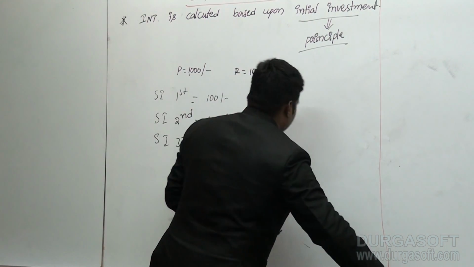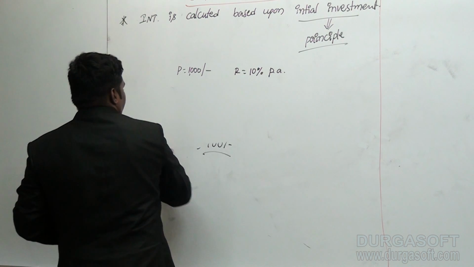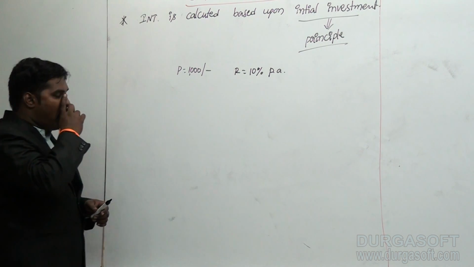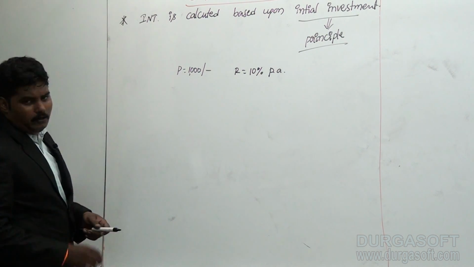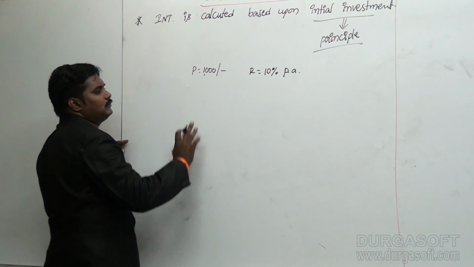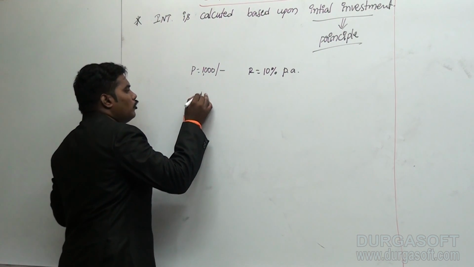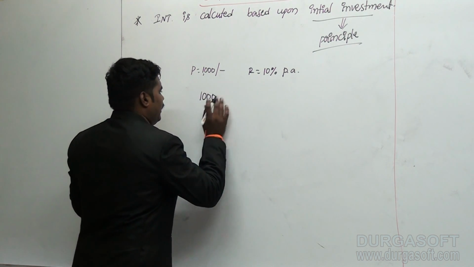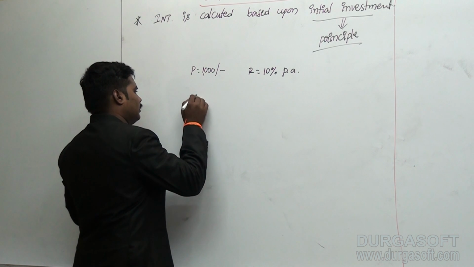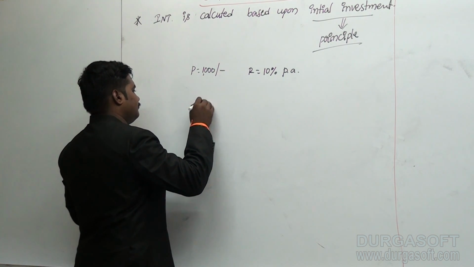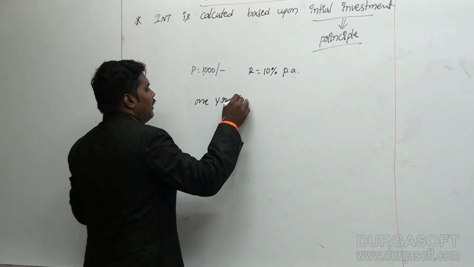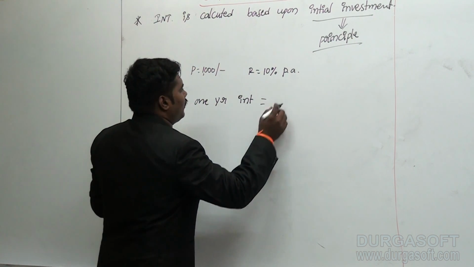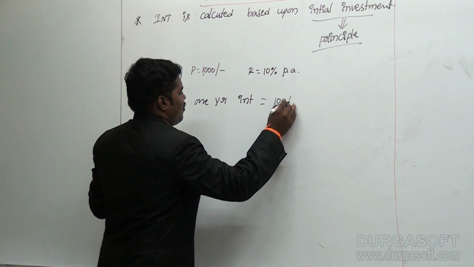Now if I want the interest for 6 months, if the principal is 1000, what is the interest for the 6 months? In this case, you may calculate like this. For 1000 rupees for 1 year, interest is equal to what? 100 rupees.